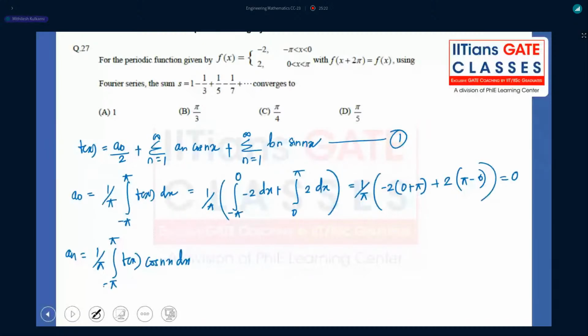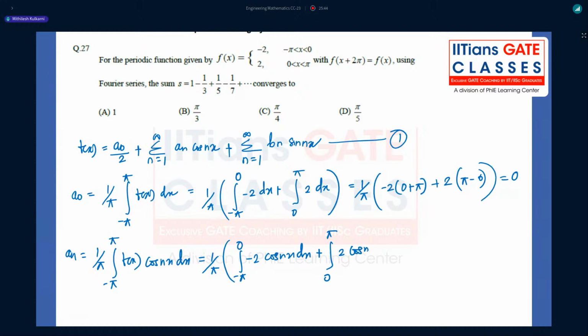Here, if you solve, 1 upon pi integration minus pi to 0 minus 2, we keep it as it is, and cos of nx dx plus 0 to pi 2 times cos of nx dx. And now 1 upon pi again as it is.